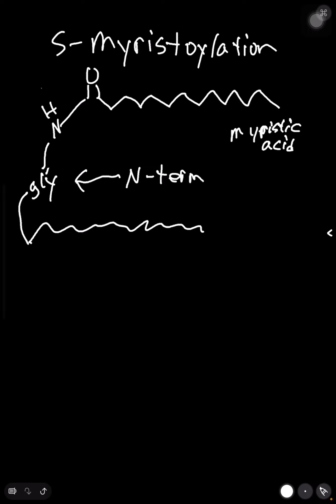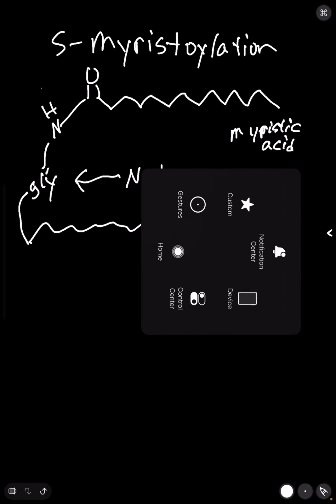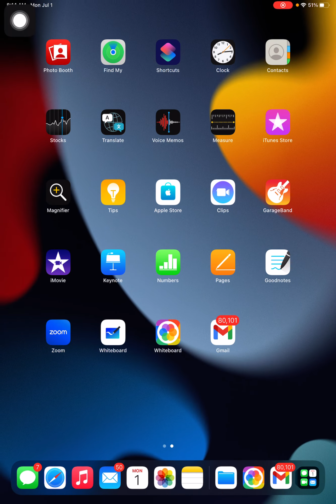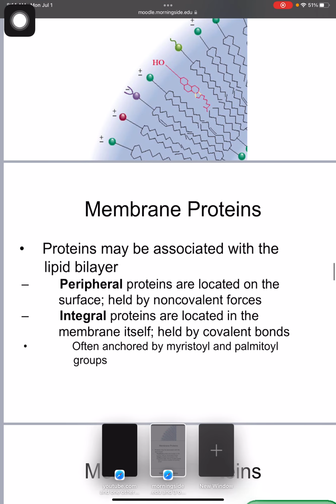So this one's a little bit more regular, as far as forming a peptide bond, between an acid and the N-terminus of your glycine, whereas the other one formed a new group, a thioester. So, kind of cool. But those are the major ways in which these integral proteins are wedged in and held in the middle of your lipid bilayer.